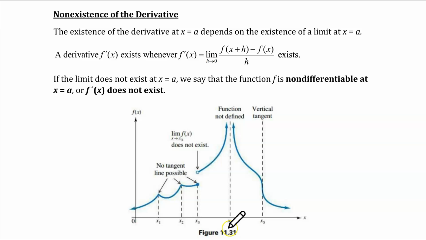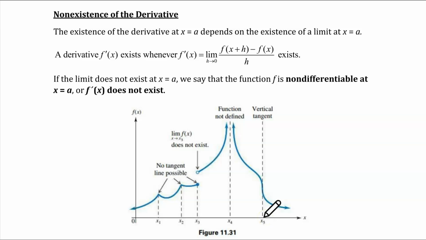Moreover, a function is also not differentiable at the values of x for which vertical asymptotes occur. So if you have a vertical asymptote at that particular value of x, your function is not differentiable at that x. And lastly, a function is not differentiable at a point where a vertical tangent line occurs.